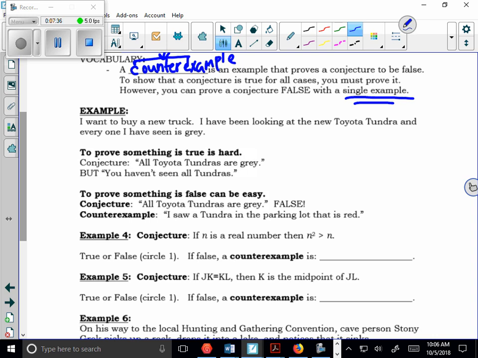If my conjecture, that generalization I make, is that all Toyota Tundras are gray, how am I going to prove that? I haven't seen every single Toyota Tundra in the world, so I have no way of really proving this, unless I do find every single Tundra in the world and determine that they are all gray. So this is very difficult to do.